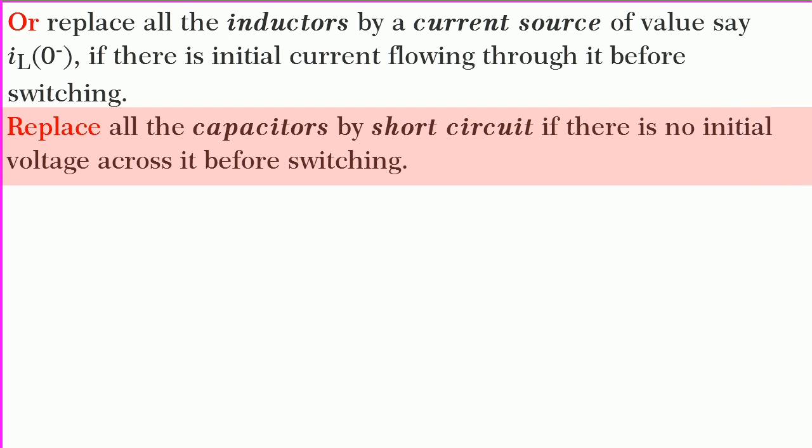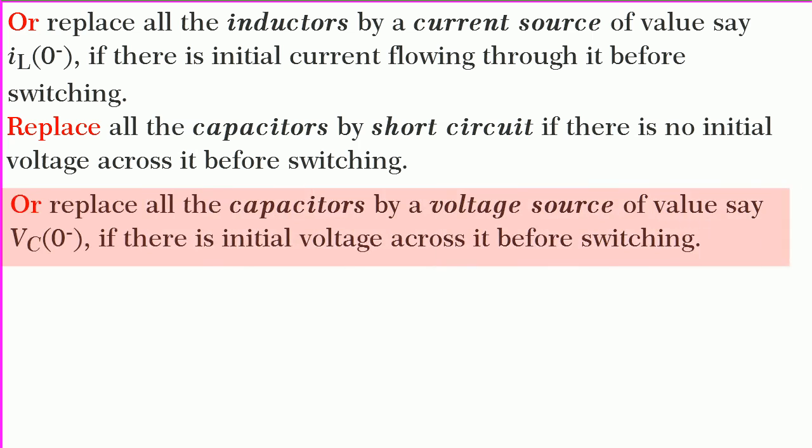Replace all the capacitors by short circuit if there is no initial voltage across it, or replace by the source of Vc0 with relevant polarity if there is a voltage across it present before switching. You may note these aspects.